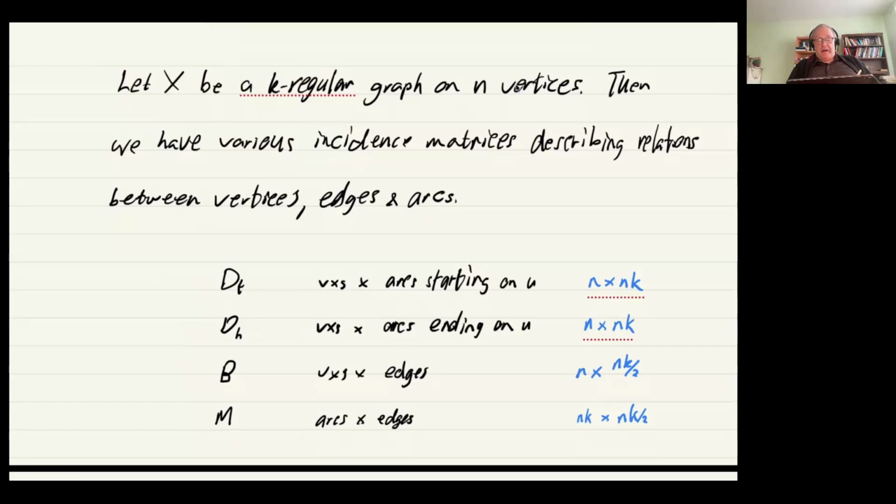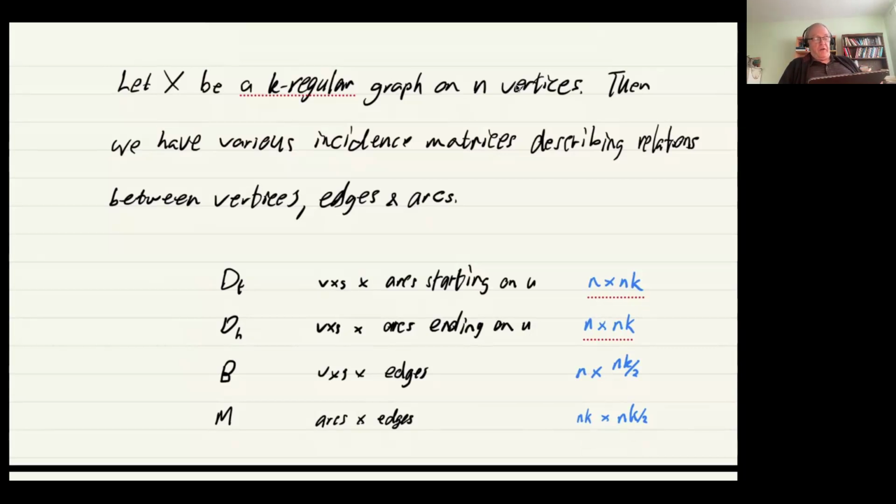And finally, I've got a matrix M, which is arcs by edges. So there are nk arcs and nk/2 edges. For each arc, you just write down the edge it belongs to. You get a 1 if the arc is in the edge. That's probably the easy way of saying it.